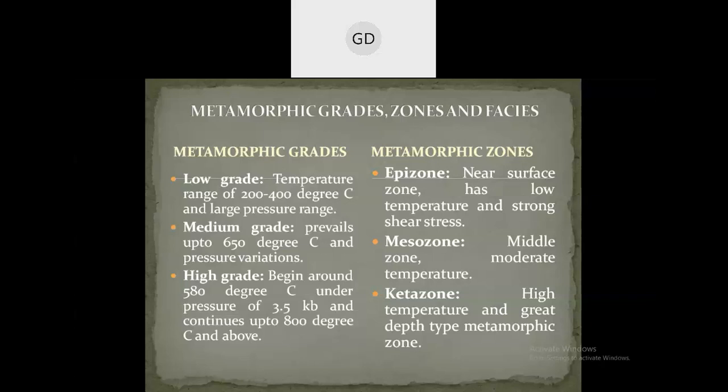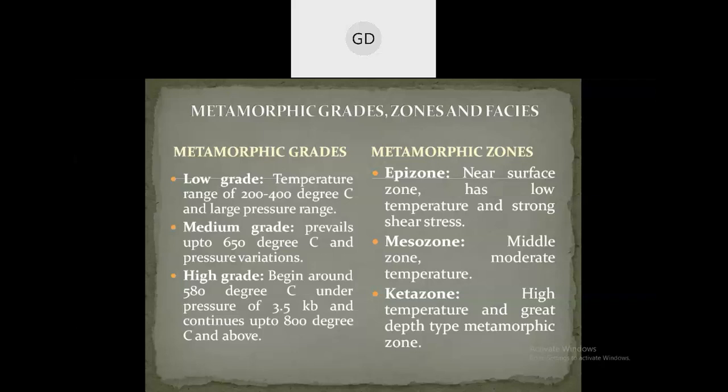Basically, dynamothermal metamorphism is the typical process of this zone. The rocks occurring here are high grade schists, like garnet schists.